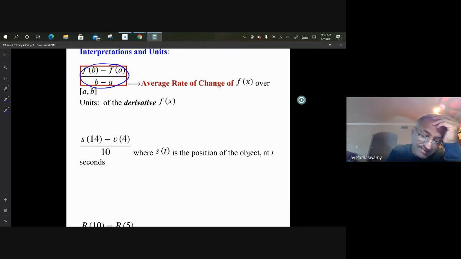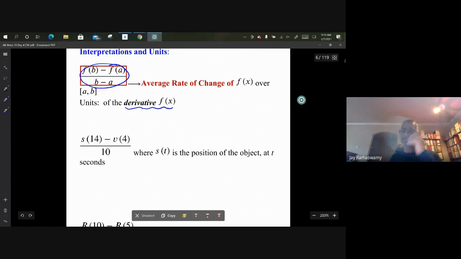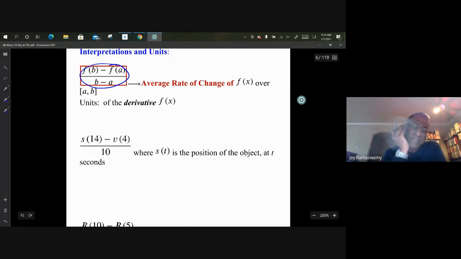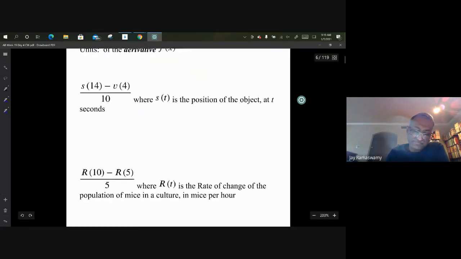So it's the derivative. So the units will be the derivative of f of x. Write that down. This is the only weird one. The others are straightforward, but this is the only one where you have to be careful with the units. This is like m sec, m tan. They're slopes. So you have to give me the slope unit. Relax, it's easy.